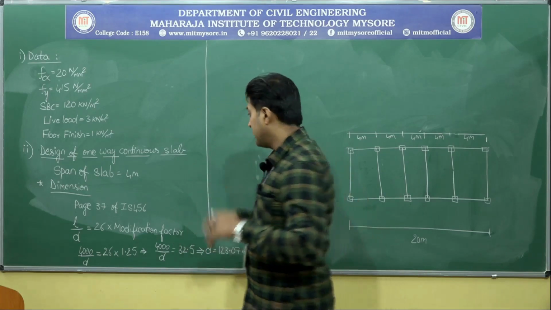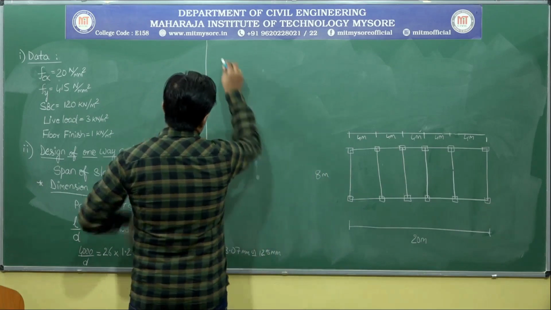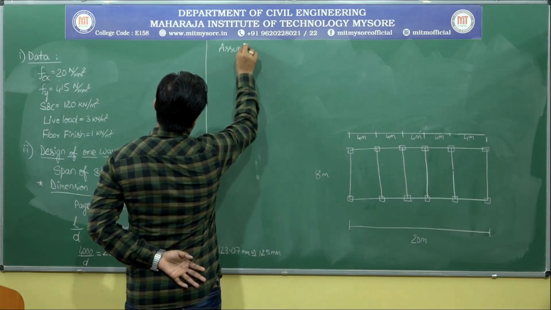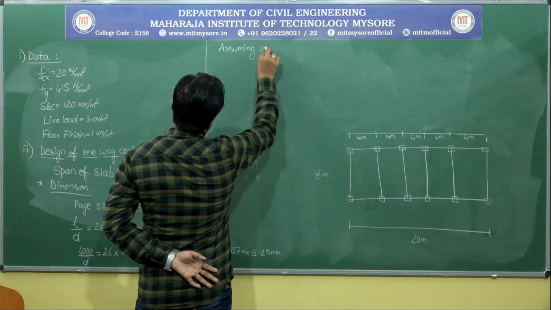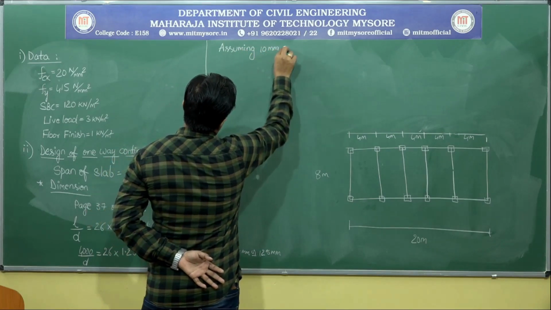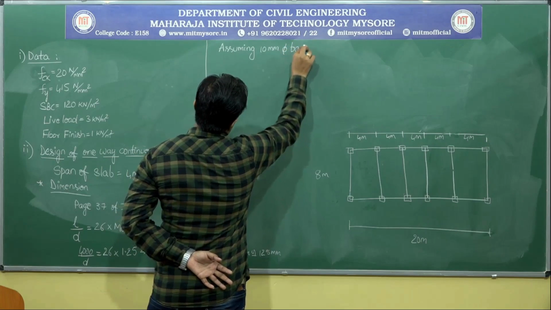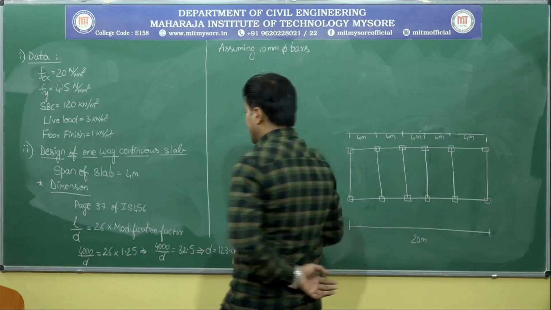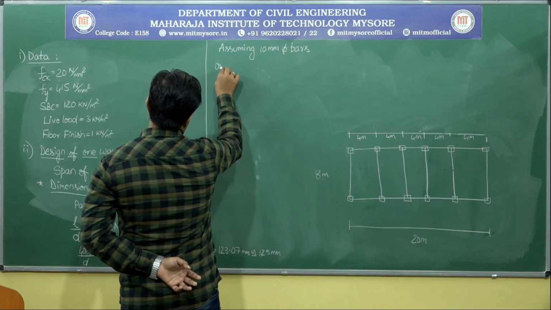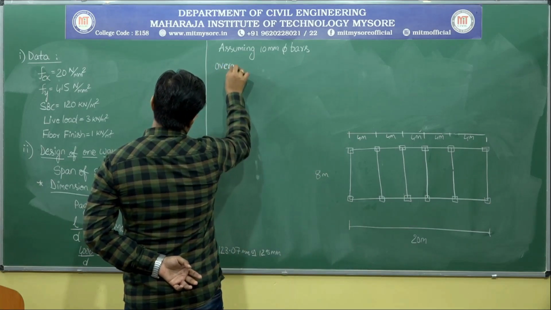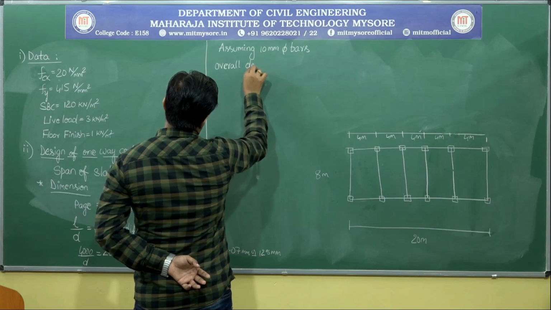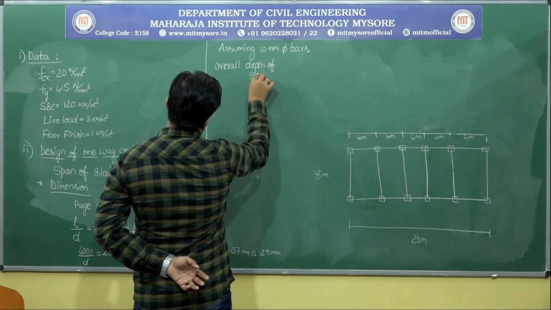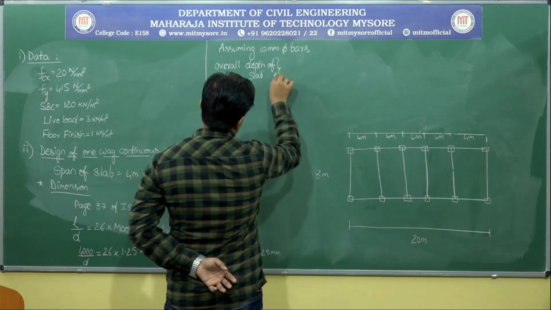So now let me assume that I will be using 10 mm dia bars. Observe here, I want to calculate the overall depth, yes or no? Overall depth of the slab.